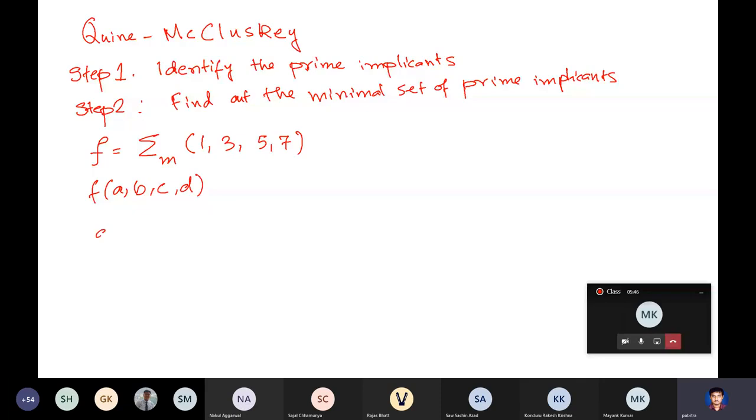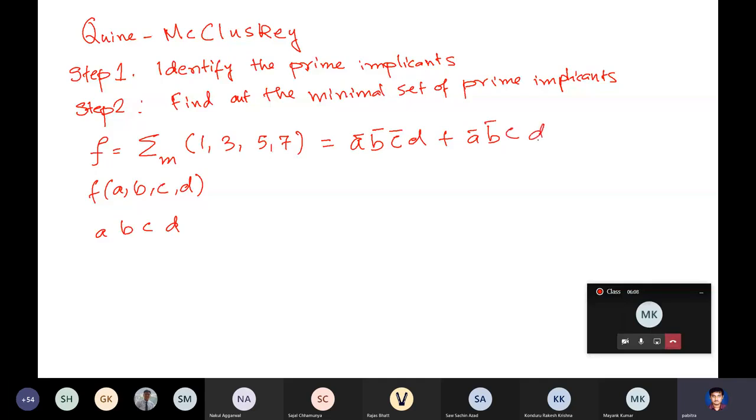If I write a, b, c, d, the minterm 1 is a bar, b bar, c bar, d, plus 3 would be a bar, b bar, c, d, and so on.